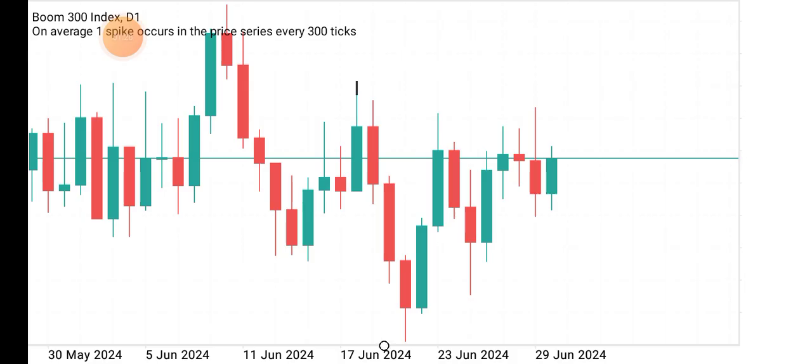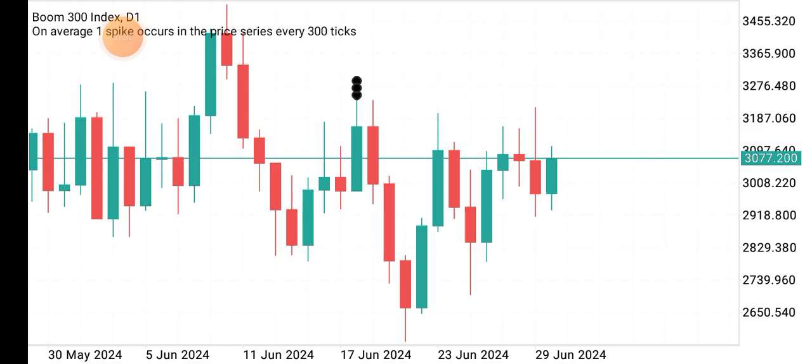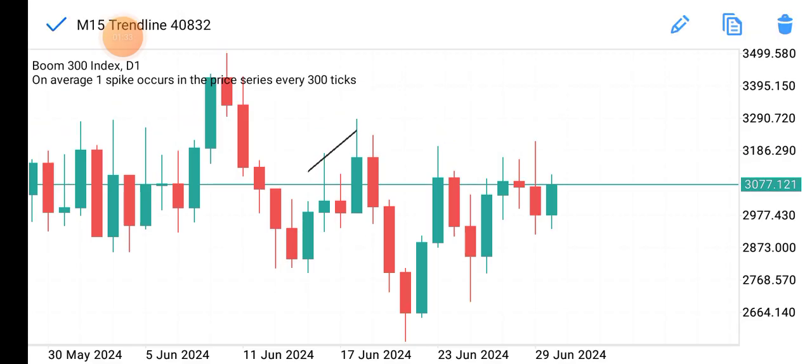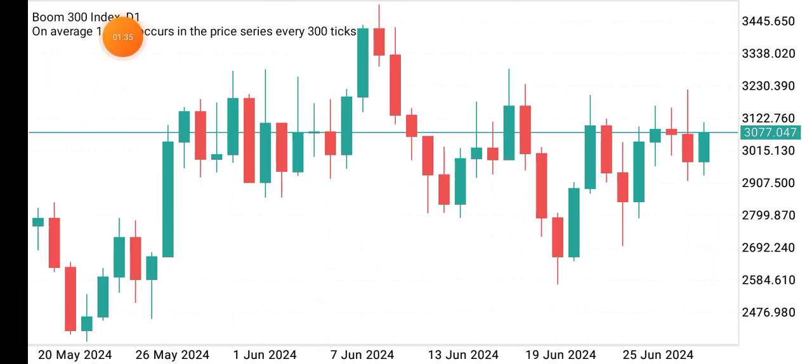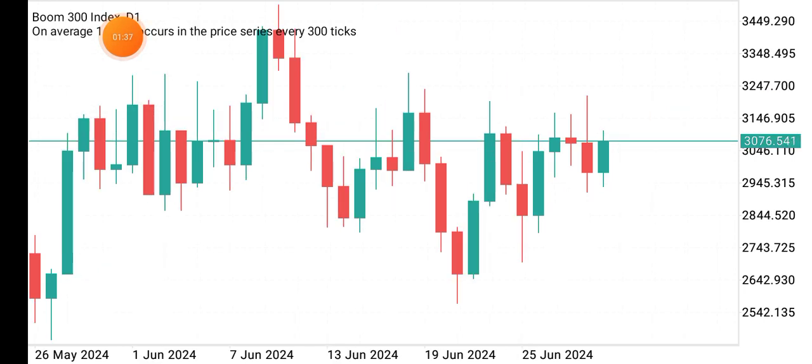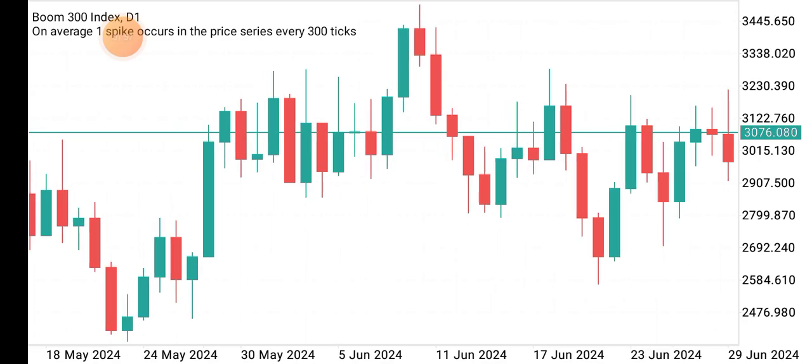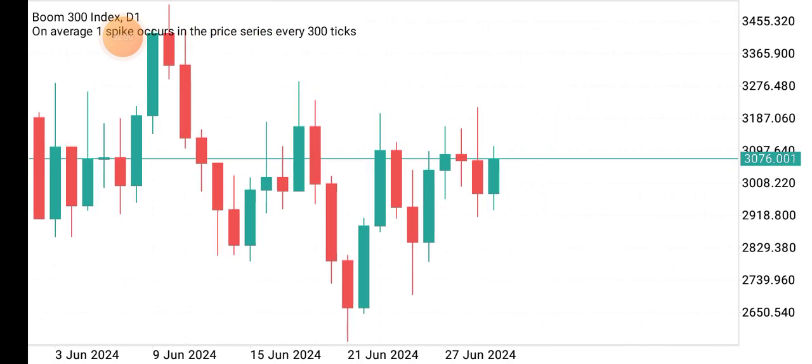If you do not check that, you might end up entering a trade based on what you see on a lower time frame, which might be misleading sometimes, especially if you want to make too much profit in the market.